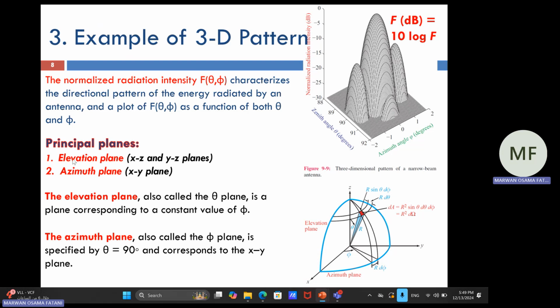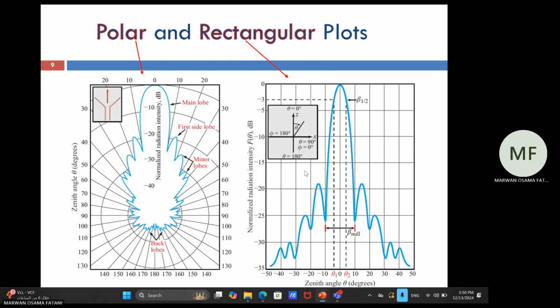The principal planes are the elevation plane and the azimuthal plane. The elevation plane is also called the theta plane. I've explained this before, and the azimuth plane is the phi plane. Now these are just the different plots that can be used to sketch the power. We have the polar and rectangular plots.